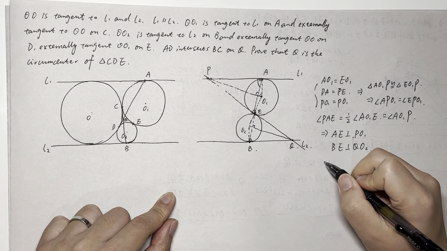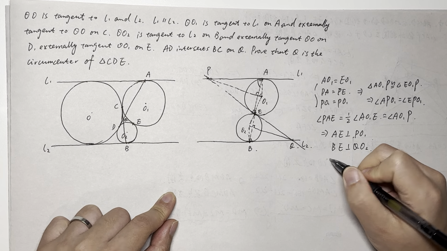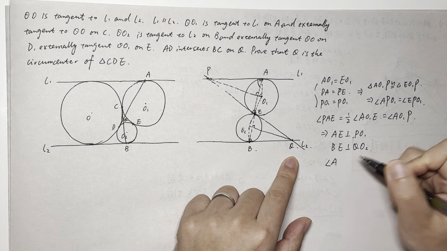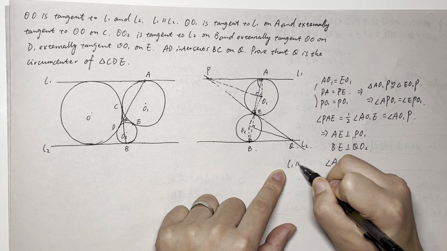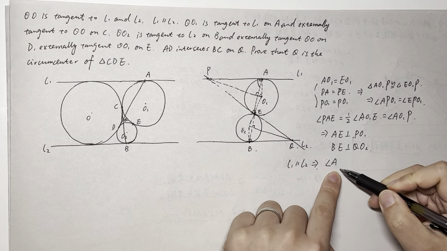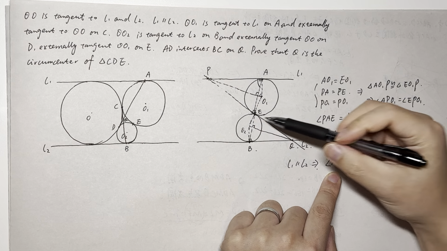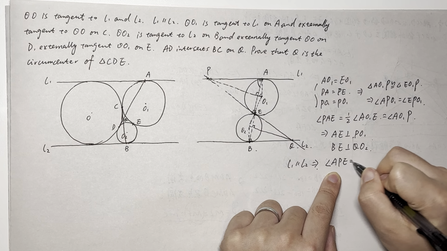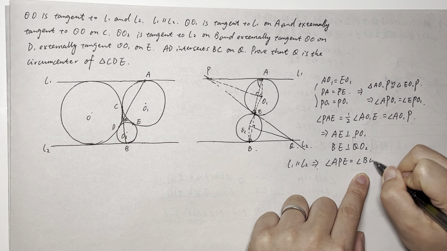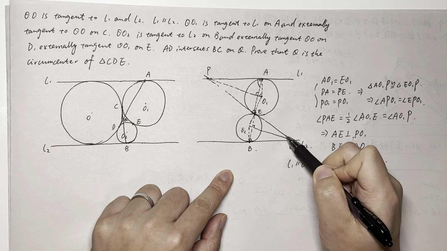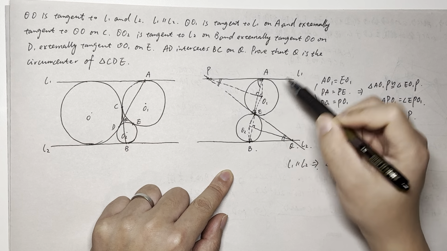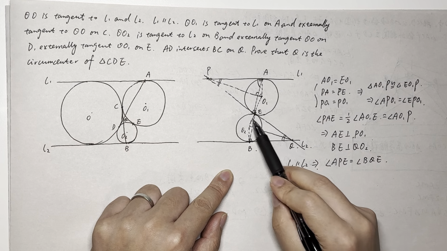And because L1 is parallel with L2, we know that angle APE equals angle BQE.